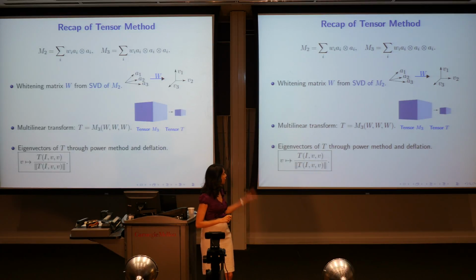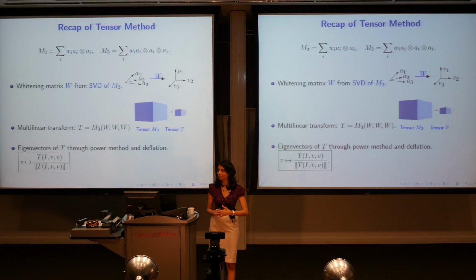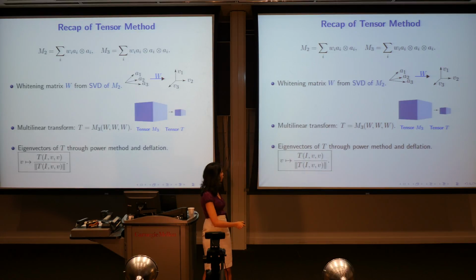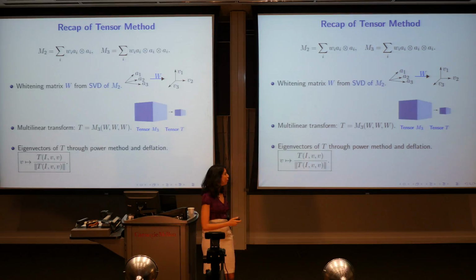Right? So this was the basic tensor method. Any questions here? So everybody has an idea of this method from yesterday. So now we'll just jump directly to this orthogonal tensor, because the power method analysis is the one we want to go into in detail, right? We know that from matrix analysis the SVD works out, we have this whitened form and so on, so that's kind of easy.